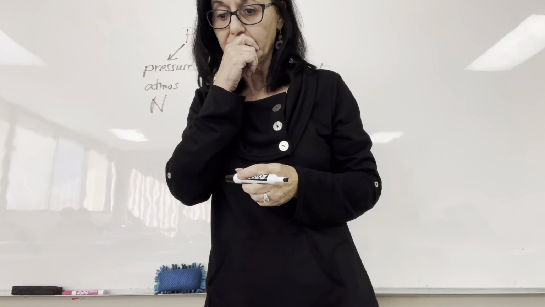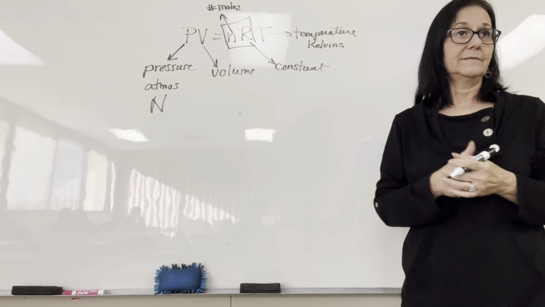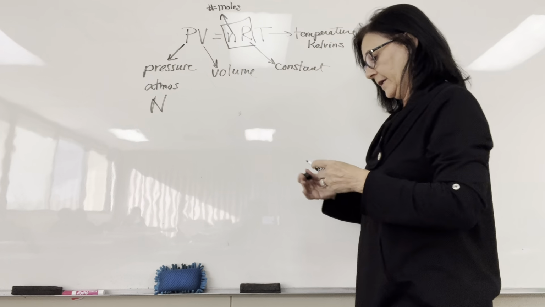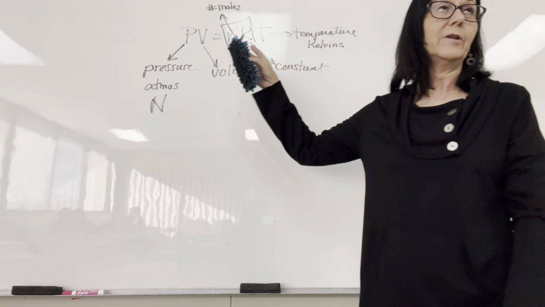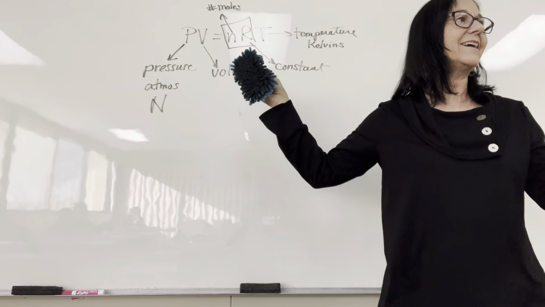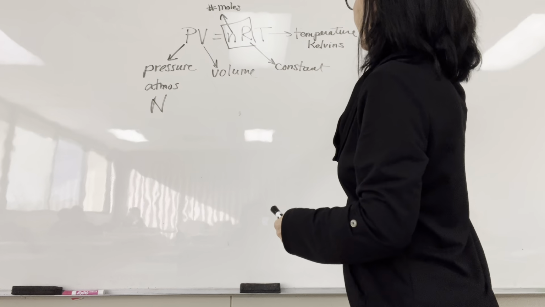For this lesson, we're going to say the n and the R hold constant. We're not really ignoring it. You cannot really ignore it, although it's not even taught in the book at this point.